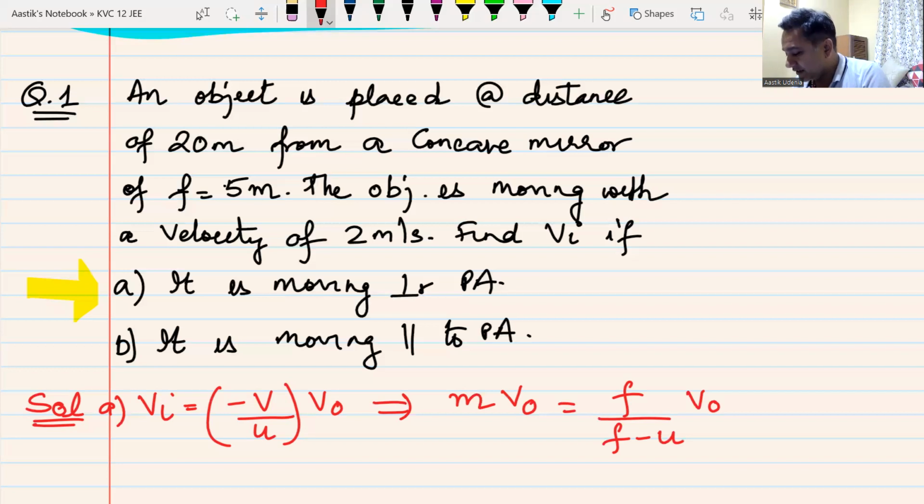Do we understand this? Yes or no? F is 5. U is... Remember, you will have to use this formula with proper sign convention, my dear friends. If you don't use it with the proper sign convention, you will be lost.